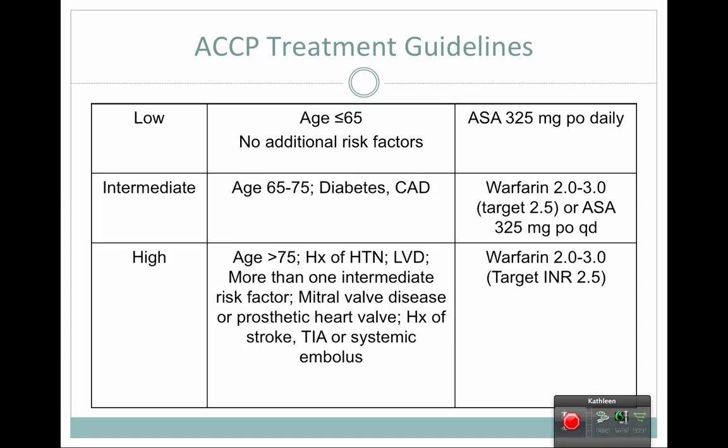High, age greater than 75, history of hypertension, left ventricular dysfunction, more than one intermediate risk factor, mitral valve disease, prosthetic heart valve, history of stroke, TIA, or systemic embolism: Coumadin 2 to 3, target INR 2.5.